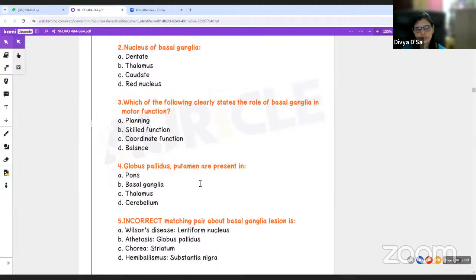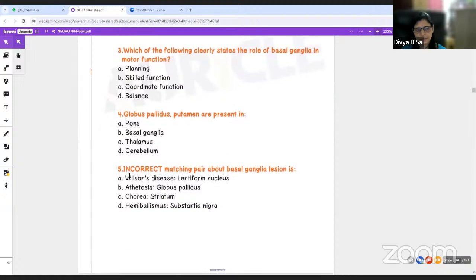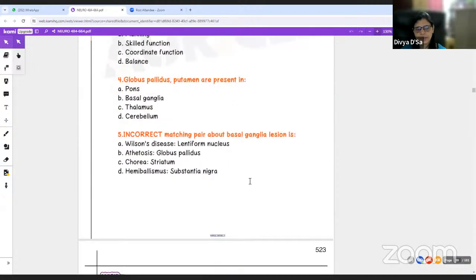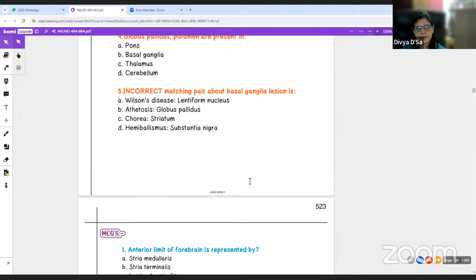Basal ganglia is responsible for skilled function. Globus pallidus and putamen are present in the basal ganglia. An incorrect matching pair about basal ganglia lesions: athetosis, globus pallidus. Can you recollect? Incorrect matching pair.